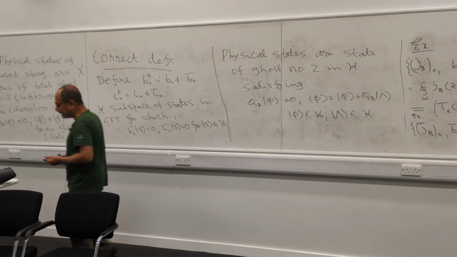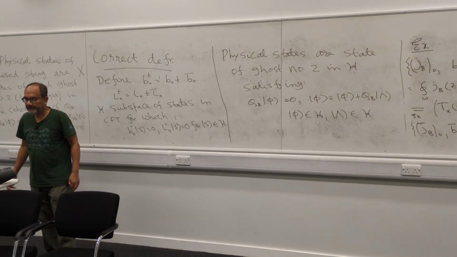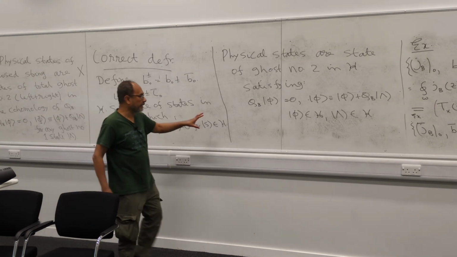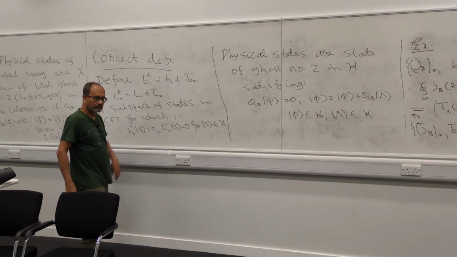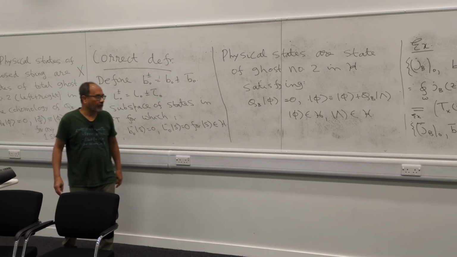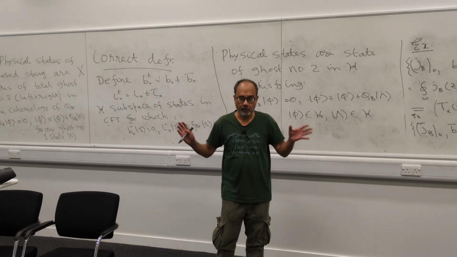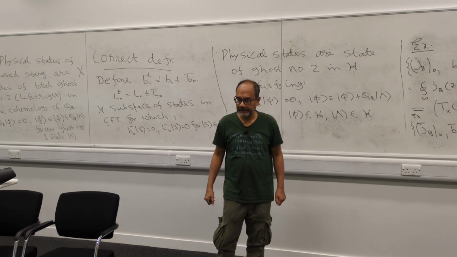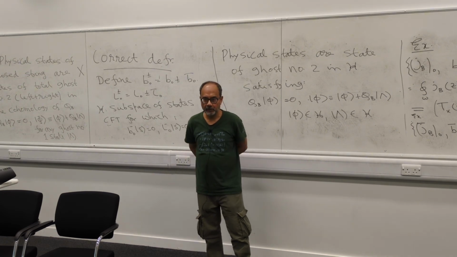So, in other words, instead of working in the full Hilbert space, or full vector space of states, we work in a subspace of the vector space which is defined here. The importance of this is that only for this subspace of states will we be able to define scattering amplitudes. States outside this subspace, we cannot define scattering amplitudes.